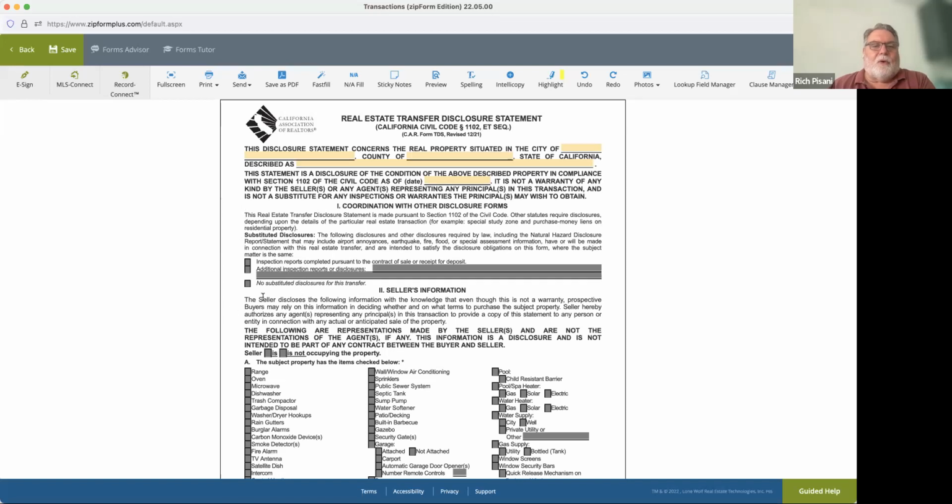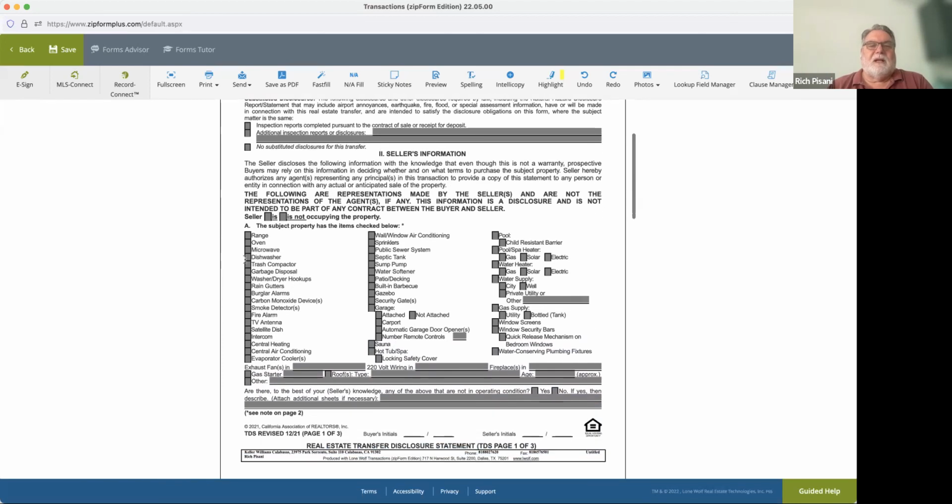As I've said before, you should be checking no substitute disclosures, because the inspection reports pursuant to the contract of sale or receipt of deposit is a specific inspection report that deals specifically with the details of this document. If you want to add additional inspection reports, do it in receipt of reports. Don't do it here. So no substitute disclosures.